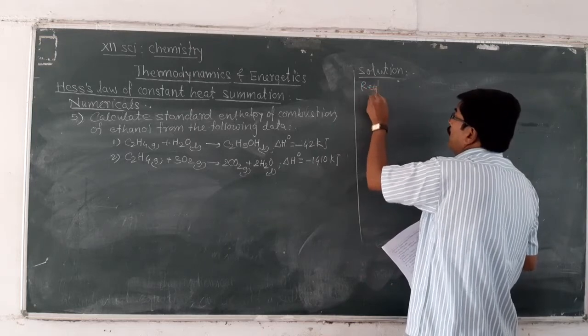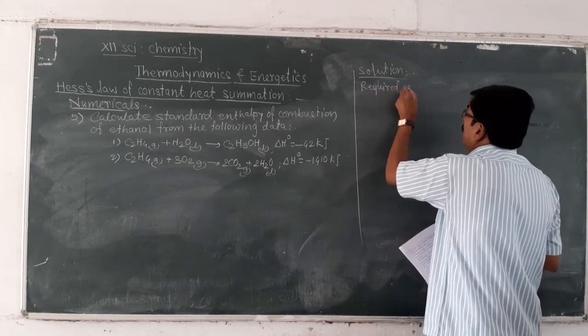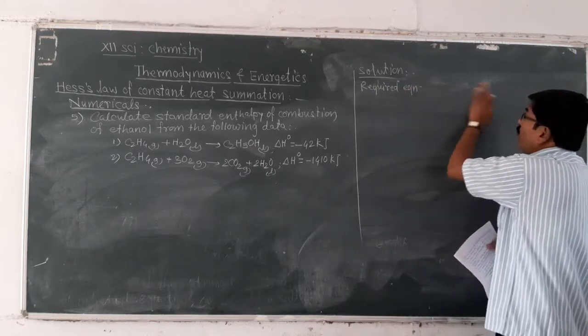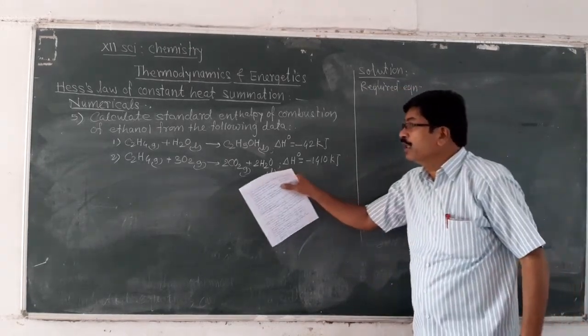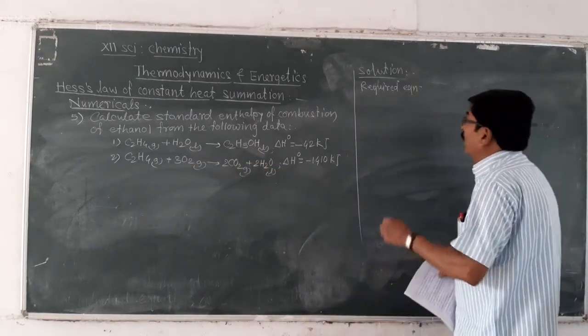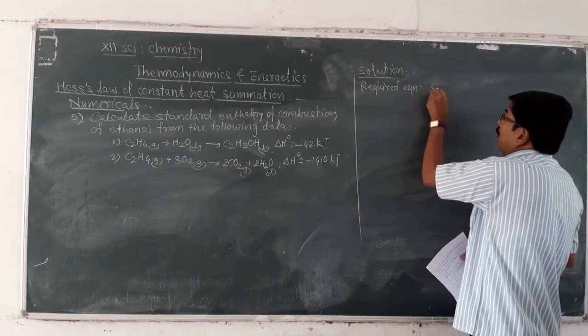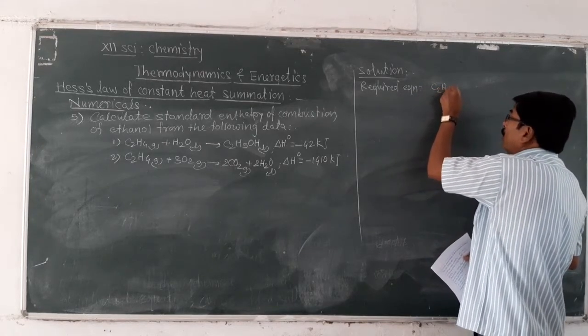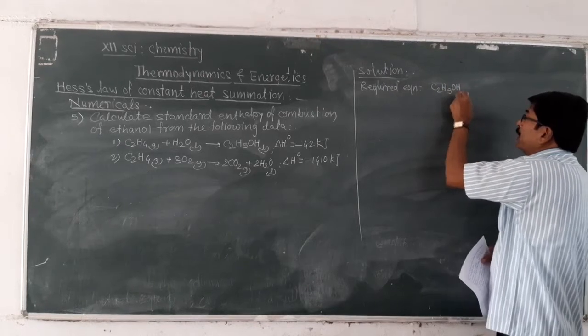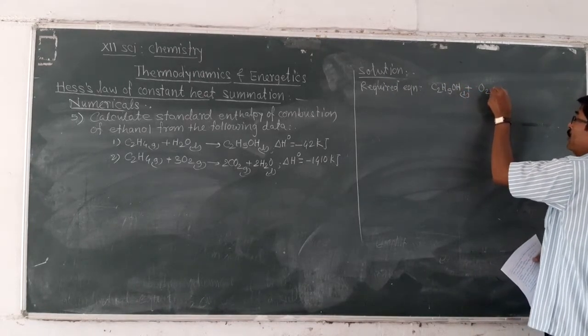First the required combustion equation. The substance to be combusted, its 1 mole is written on the reactant side and it is treated with excess oxygen. That means 1 mole of ethanol in liquid state is combusted with air, means oxygen.